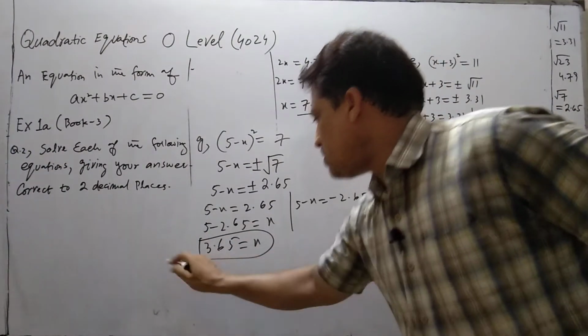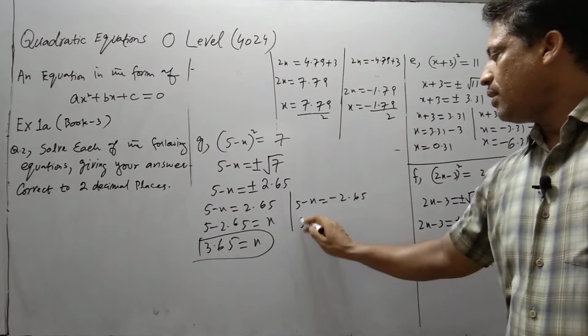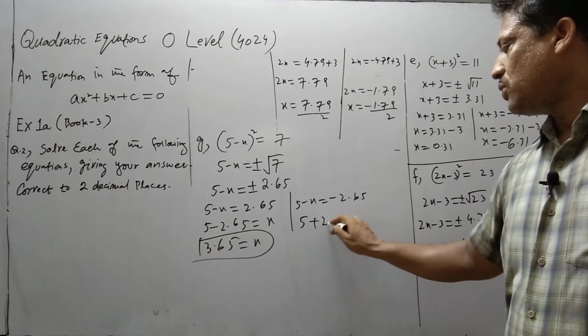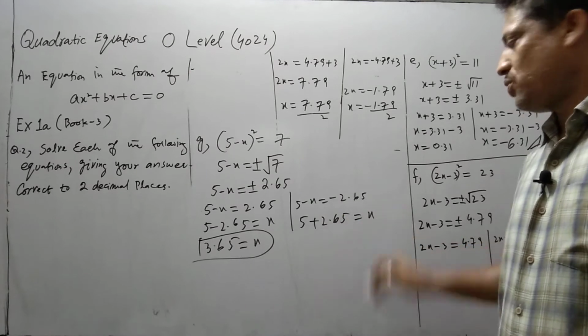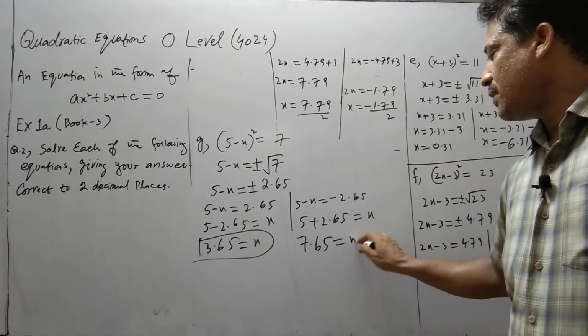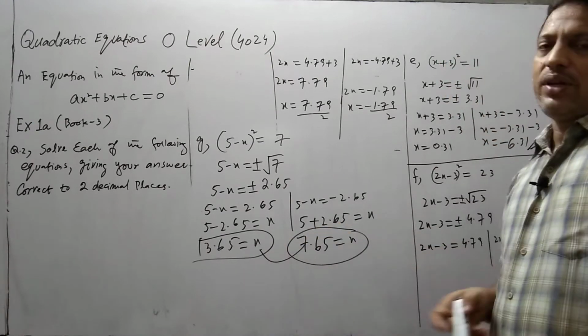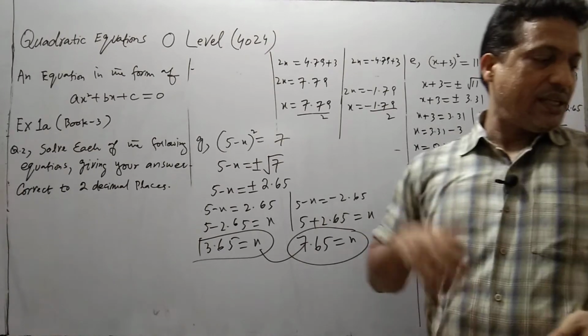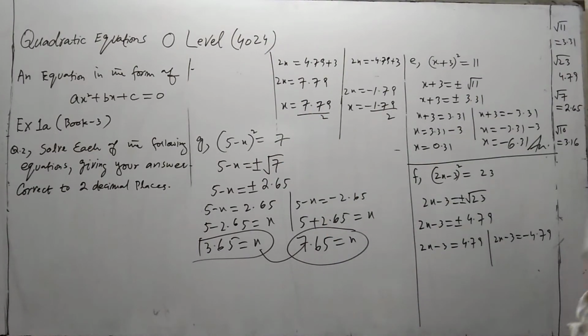This is the first value of x. Again, move this minus 2.65 to this side, you will get plus 2.65. 5 plus 2.65 is 7.65, equal to x. These two are your answers. You know, whenever you solve a quadratic equation, you always get two solutions.